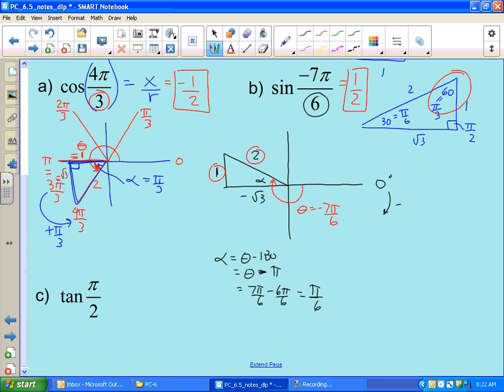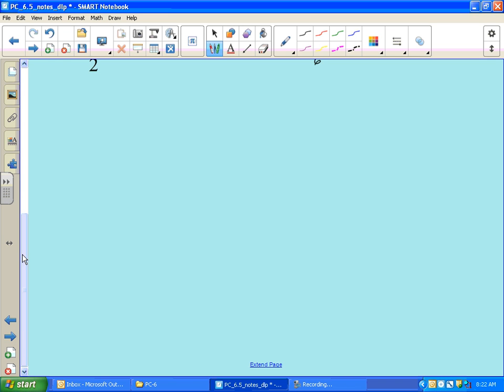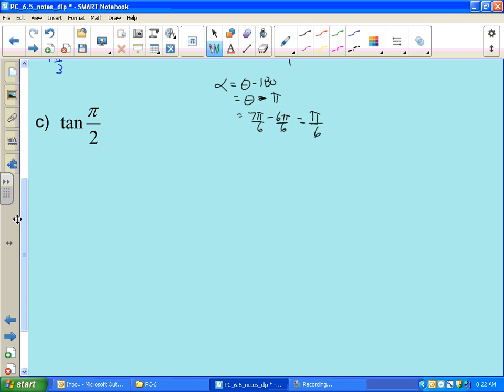Right, and then tangent, let's go see what's going on here with tangent. Again, putting ourselves in the correct spot. So a pi over 2 puts us right there on the y-axis. So there's our angle that we turned. And at that point, we don't have a triangle.